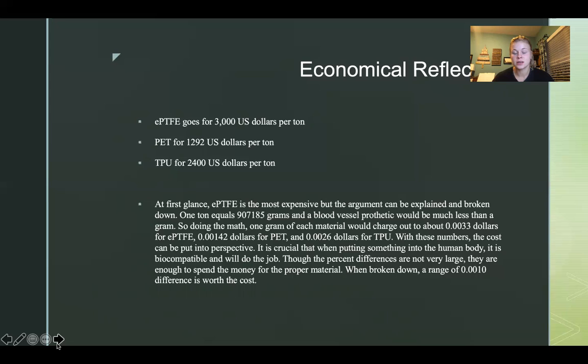And I got pretty much the portion of dollars it would cost for a gram, which again, is less than that per blood vessel. And so it's about $0.0033 for PTFE, $0.0014 for PET, and $0.0026 for TPU. And with these numbers, when you put it in that perspective, there's a very small difference between the numbers.